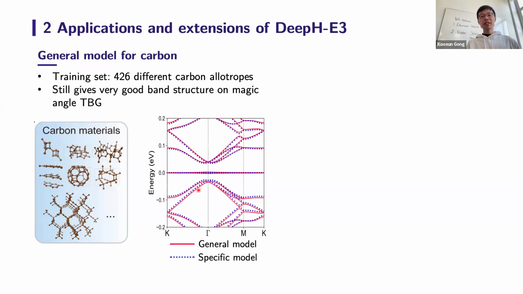We can see that the error is actually very small, and our neural network can learn much deeper physics if we provide a general data set instead of a specifically designed data set with human intuitions. This is very surprising to us.